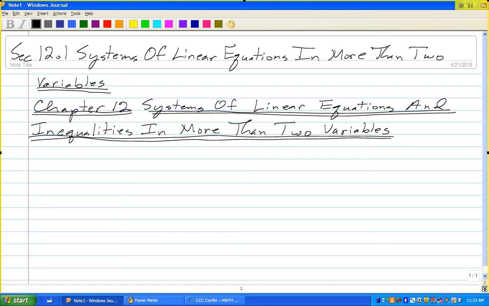Okay, so this is really just a continuation of what we did back in Chapter 3. In Chapter 3, we had systems of two linear equations in two variables. So suppose I have, instead of just ax plus by, cz equaling d.